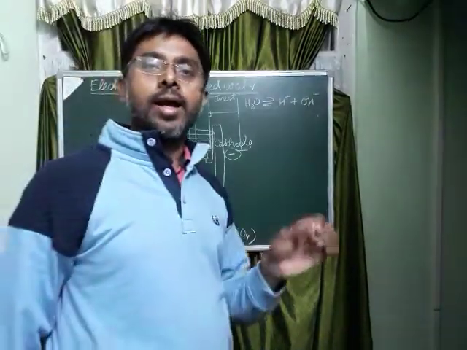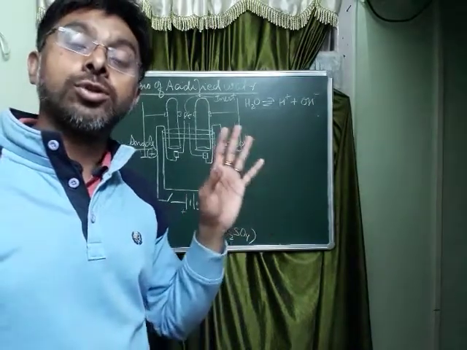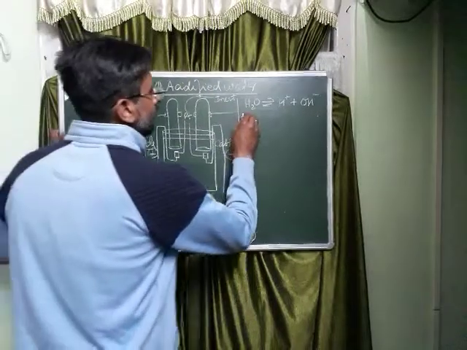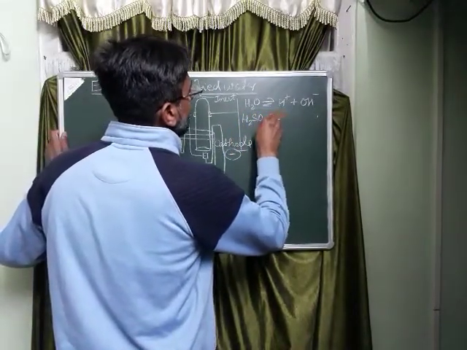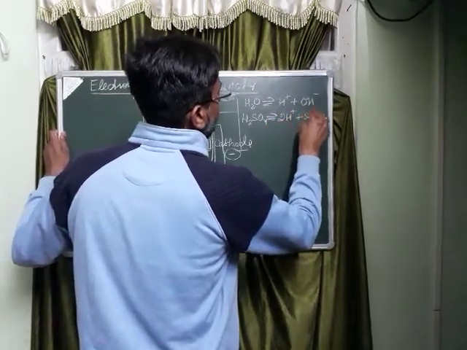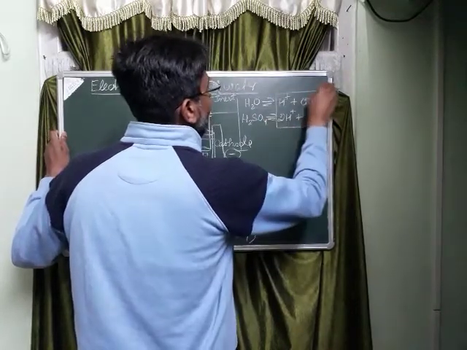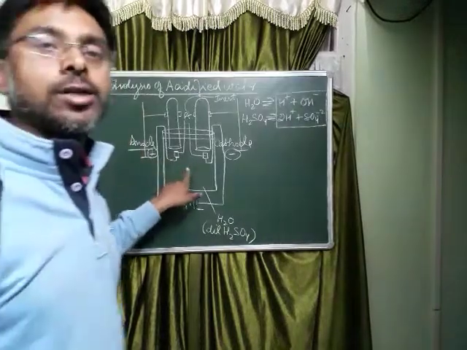Please keep in mind, dilute sulfuric acid is added only up to 4 to 5 drops, just to increase the conductivity of this water. So dilute sulfuric acid, H2SO4, is going to provide hydrogen ions and sulfate ions, SO4 minus 2 ions. So these are the ions which will be present in this electrolytic solution.